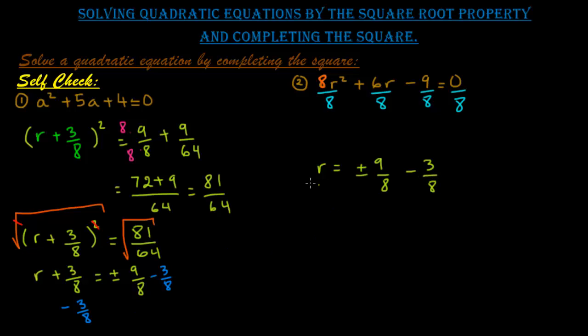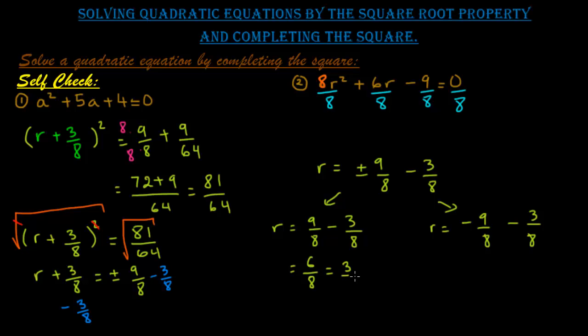Then we split them into two equations. The first one is r equal to positive 9/8 minus 3/8, and the second one is r equal to negative 9/8 minus 3/8. 9/8 minus 3/8 gives me 6/8, which I can reduce by 2, giving me 3/4.